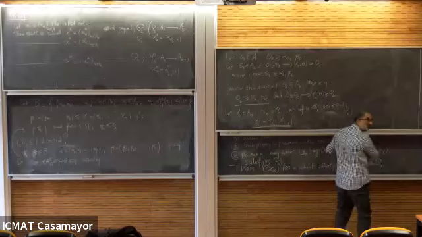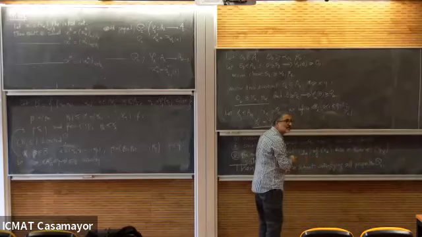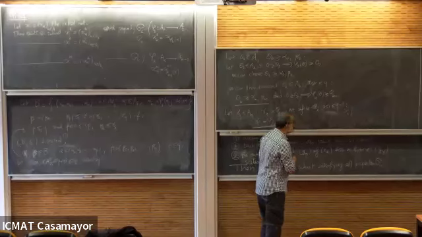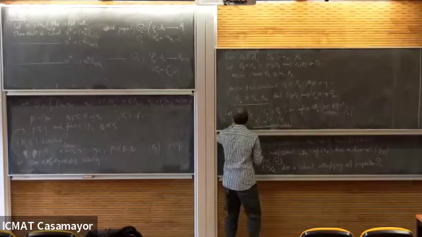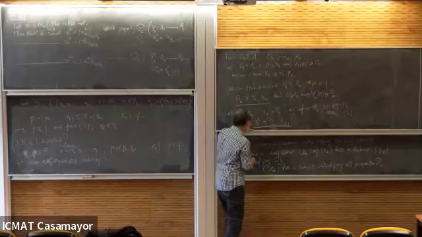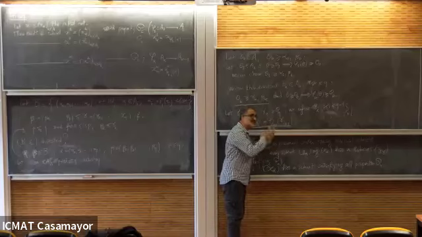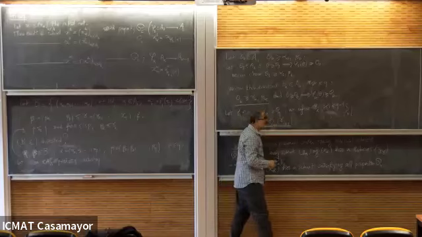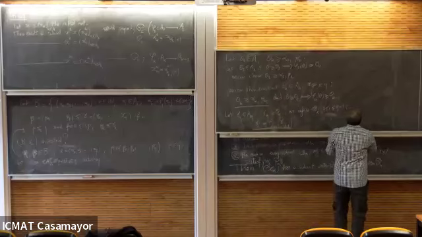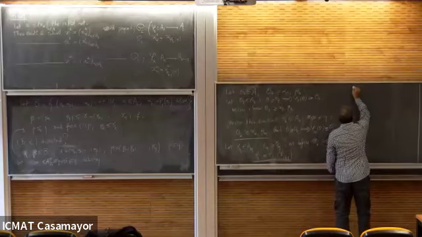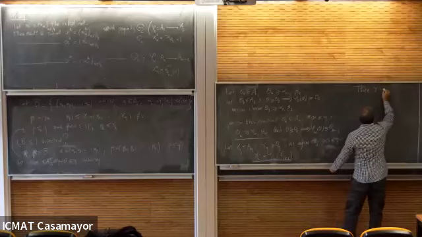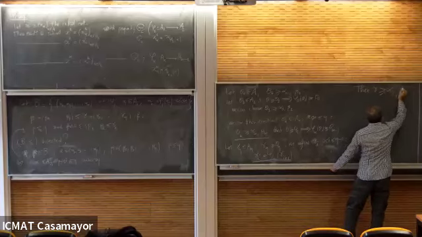But it seems that you're defining gamma i after you know what is gamma i plus 1? Yes, I knew what is gamma q. Then I define gamma q minus 1. And I continue. So it is clear that this gamma is more or equal than alpha and beta.